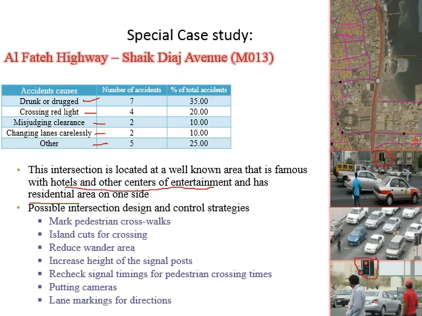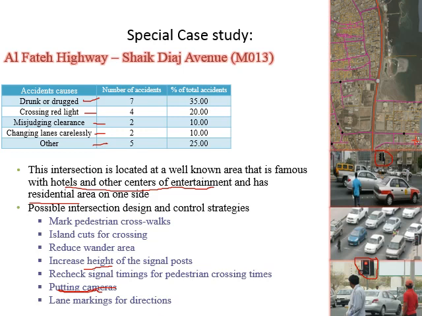It is at a very low height, so maybe because of the height of the signal you don't have much sight distance. So if you increase the height of the signal, it may give more sight distance to drivers, and they may not cross the red light. You can put cameras as well. It is very effective in our case. Putting cameras stops the drivers from crossing the red light. They become more cautious. Okay.